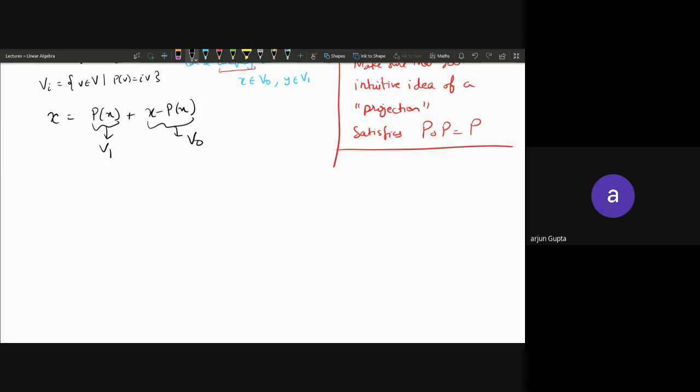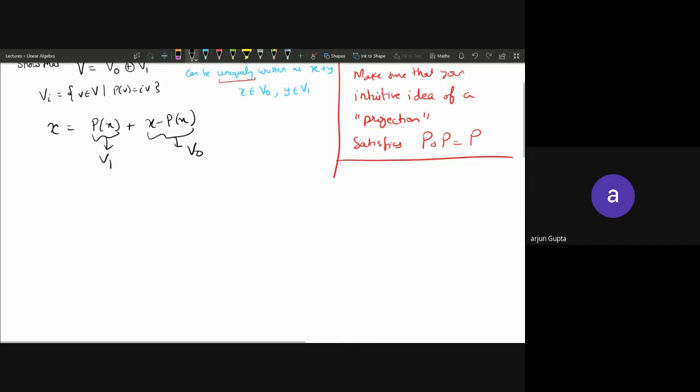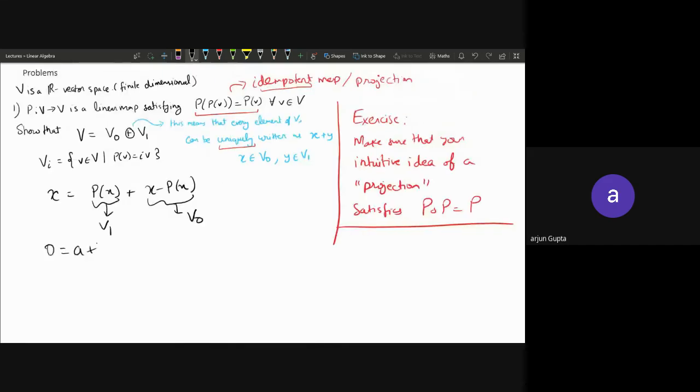For example, suppose 0 is a plus b with P of a equal to 0 and P of b equal to b. Then if you take P on both sides, you get that P of b is equal to 0. But we know that P of b is b. So b is equal to 0 and consequently a equals 0.